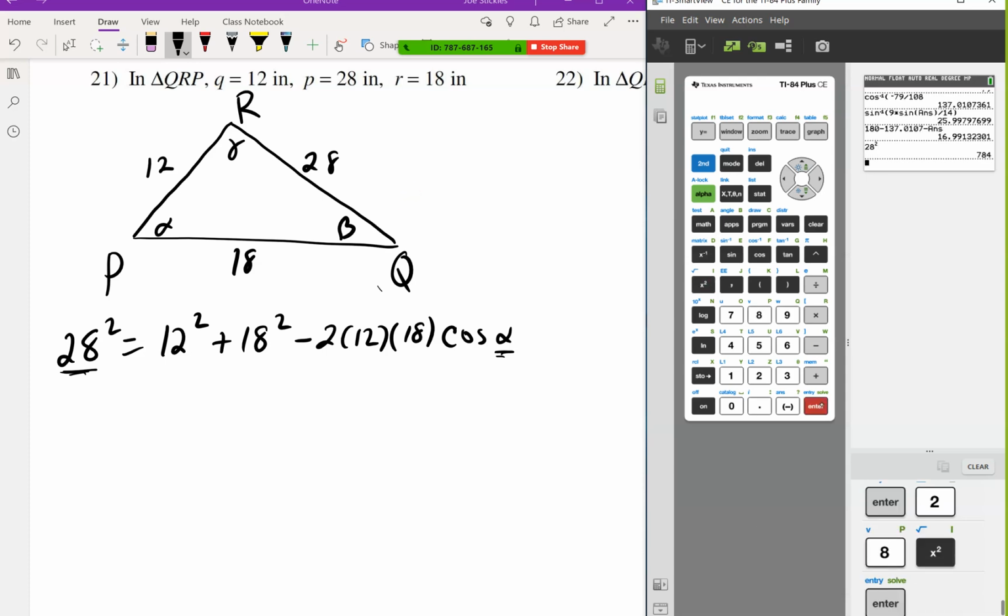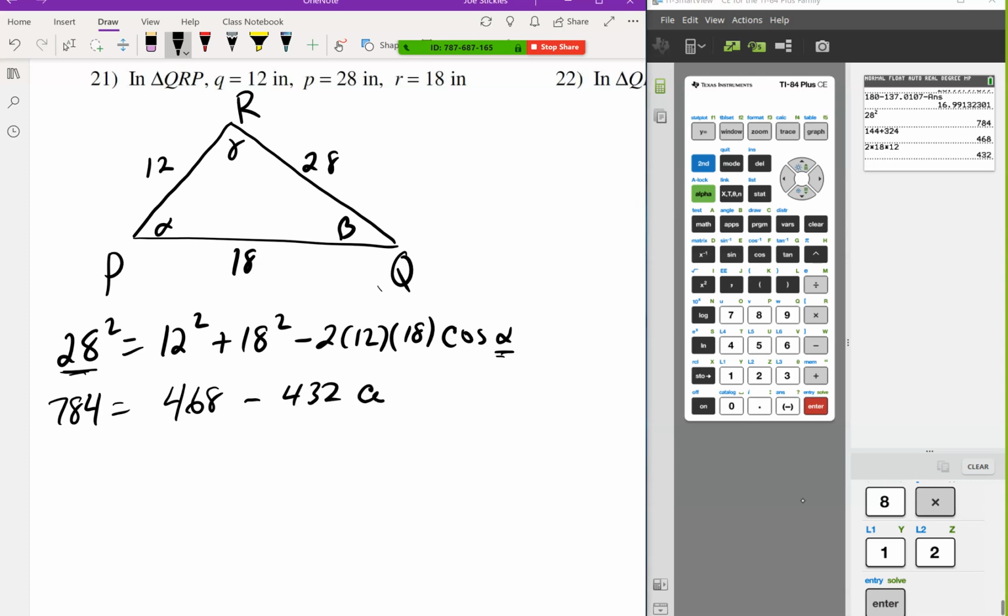All right, so 28 squared is 784 on the left side. We have 12 squared is 144, and 18 squared is 324. So we get 468 here. 2 times 18 times 12, we get 432 here.